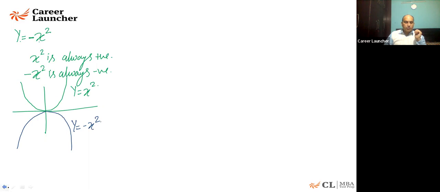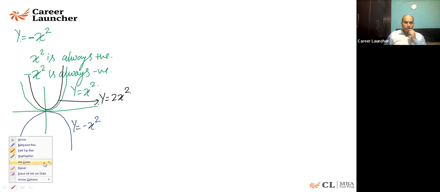Now let's come to the next point here. Y is equal to twice of x square. I'll say it is a steeper one. What about y is equal to minus twice of x square?